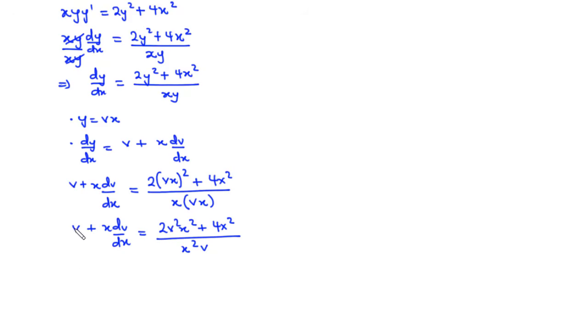Now we are going to transpose v to the right hand side. So we have x dv/dx equals, at the numerator we can factor out x squared. Inside of the bracket we have 2v squared plus 4, all divided by x squared times v, and then this becomes negative v over 1.